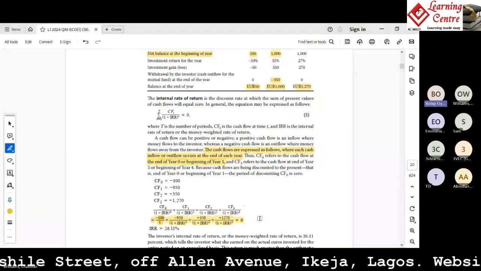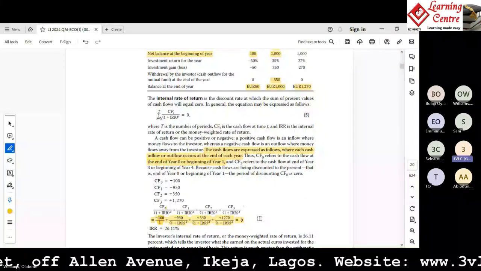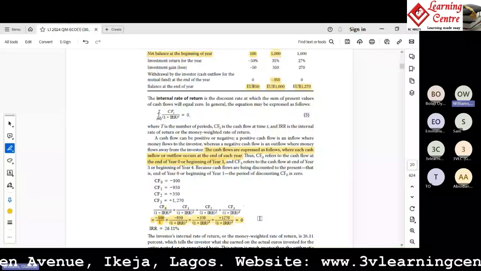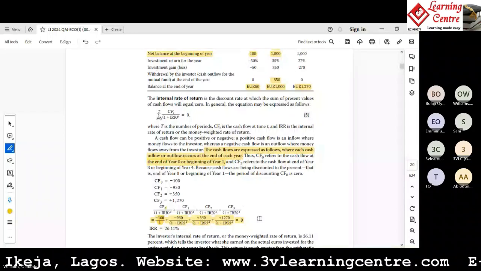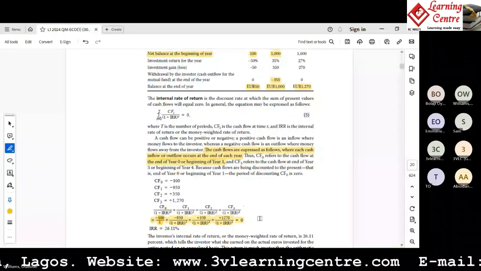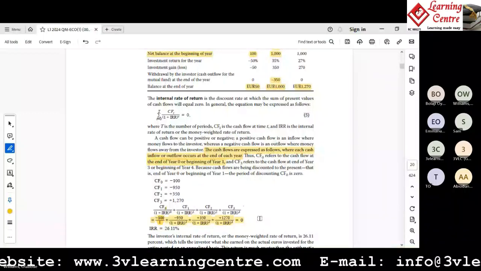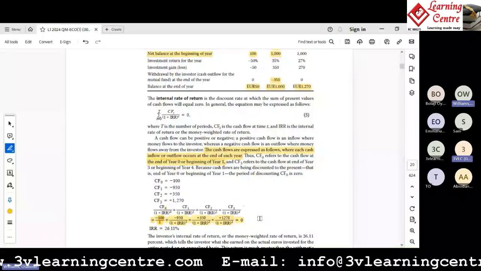Yeah, I got it, this interpolation. You know that there is no way to calculate IRR directly.